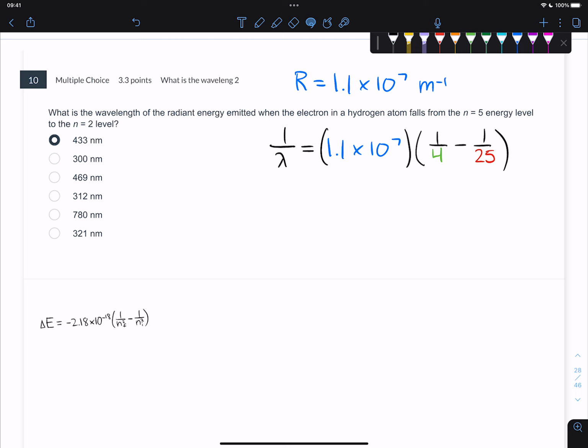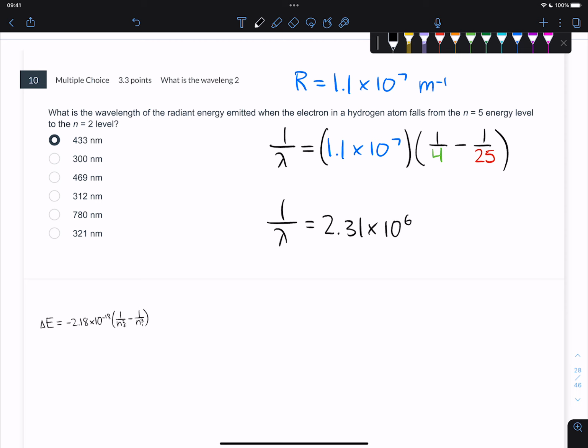This is a mess on my calculator right now. There we go. I get a big number. Now, this big number is 1 over the wavelength. So it's 2.31 times 10 to the 6th.